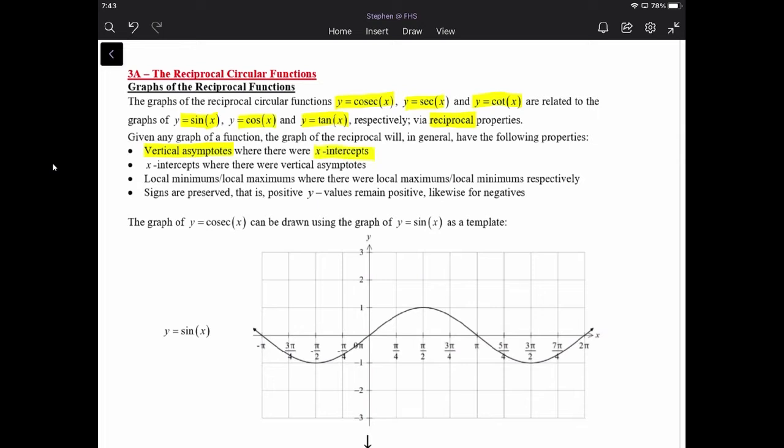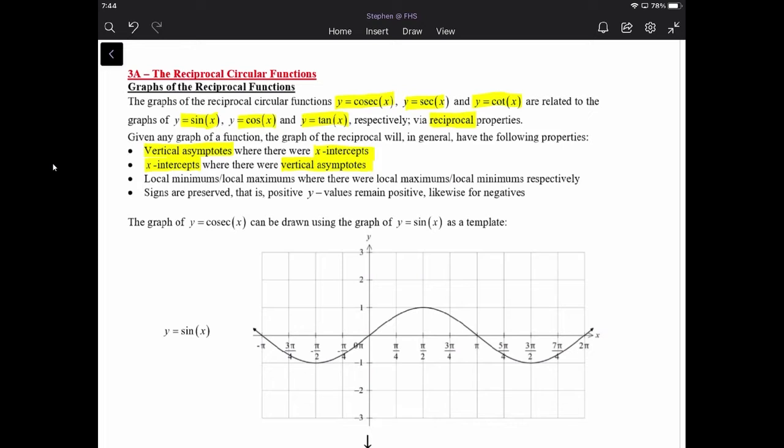So anytime the original graph has an x-intercept, a vertical asymptote will appear on the reciprocal graph. The vice versa is also true. When there are vertical asymptotes on the original graph, your reciprocal graph will have x-intercepts. So basically, x-intercepts and vertical asymptotes keep swapping between each other when you go from an original to a reciprocal.